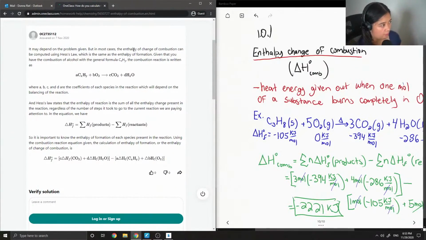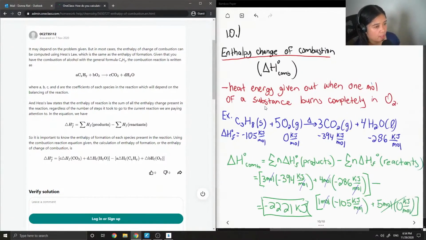Given that you have the combustion of alcohol with the general formula CxHy, the combustion reaction is written as, and then they have our coefficients shown as well. So aCxHy plus bO2 makes cCO2 plus dH2O, where a, b, c, and d are the coefficients of each species in the reaction, which will depend on the balancing of the reaction.